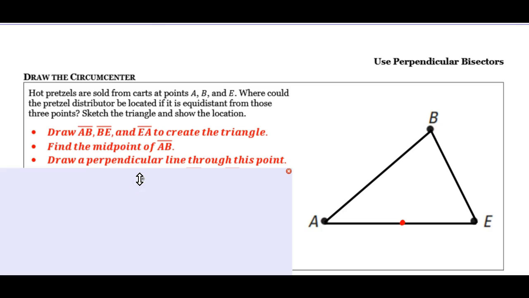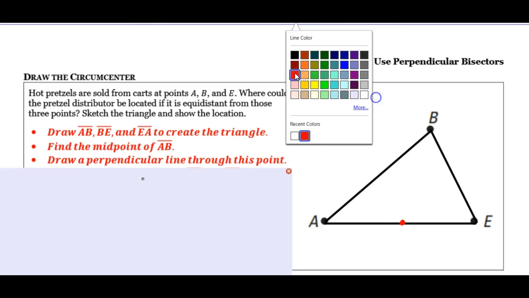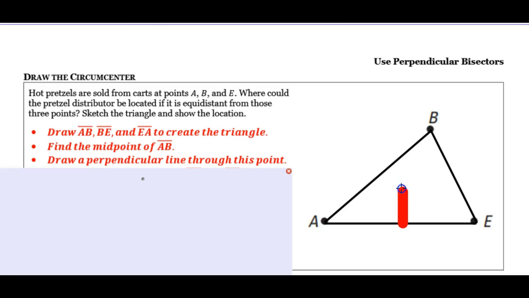And now I want to draw a perpendicular line through this point. It will not, I repeat, it will not go through the vertex. That's a fat line.